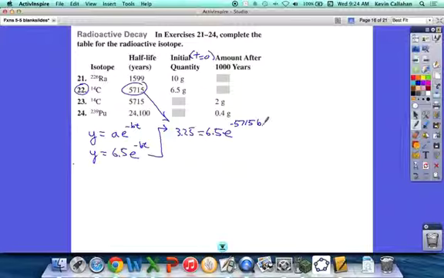So at that point, you have an exponential equation, and you can solve it using the same old steps, right? Isolate, take the log of both sides. Once you know the b, you could plug in that here, and then if you want to know the amount after 1,000 years, then you plug in t equals 1,000. First, you got to know the b.